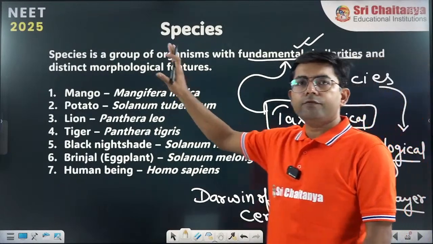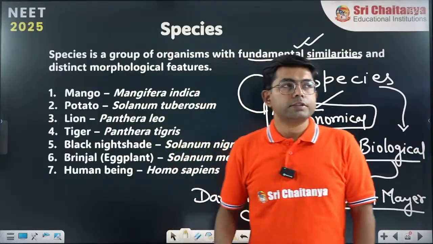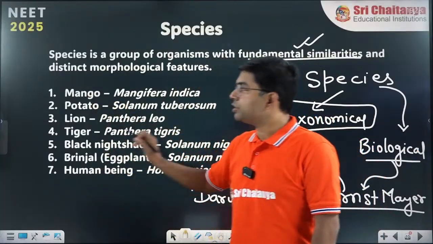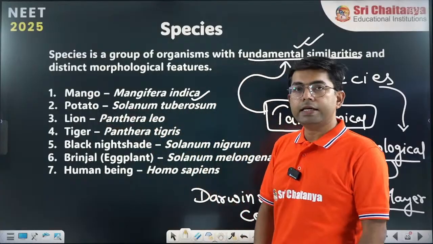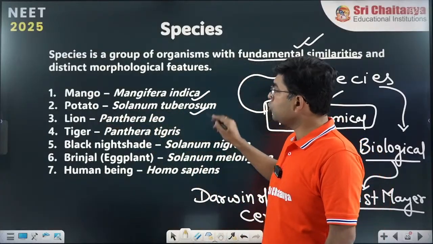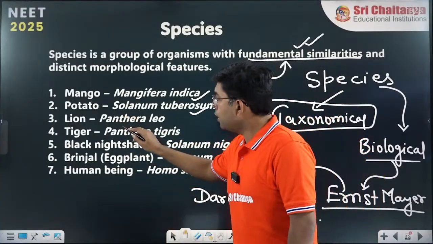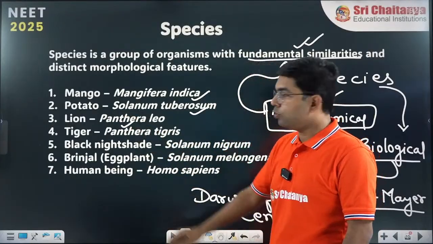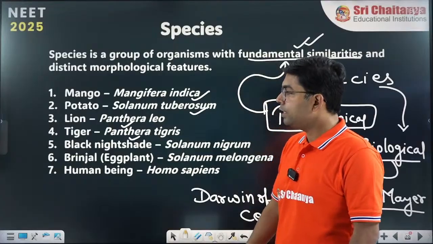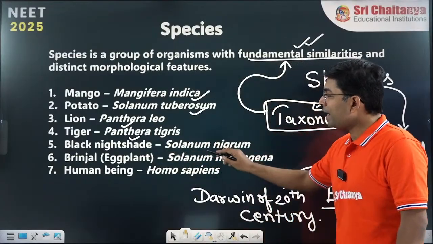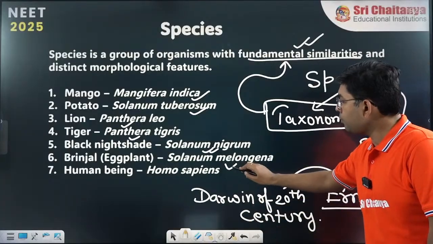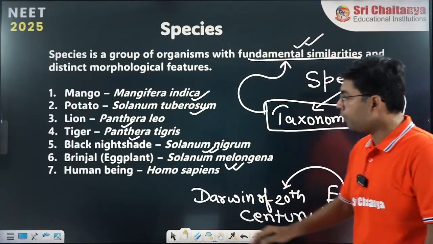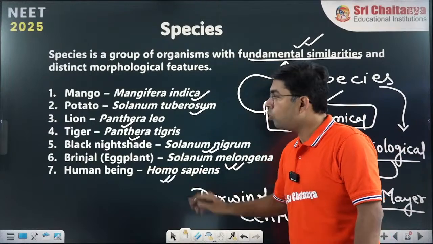Now in NCERT, there are several species given. For example, mango, Mangifera indica, potato, Solanum tuberosum, lion, Panthera leo, tiger, Panthera tigris, black nightshade, Solanum nigrum, brinjal or eggplant, Solanum melongena, human being, Homo sapiens.